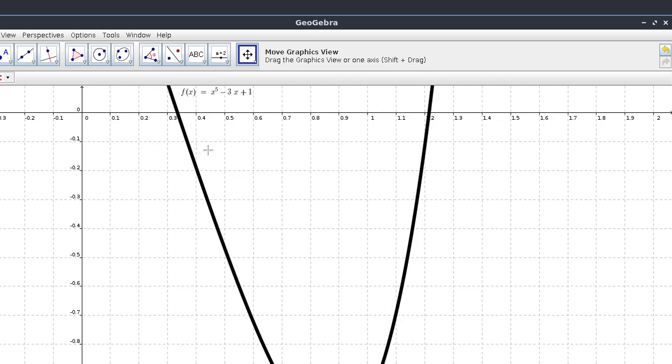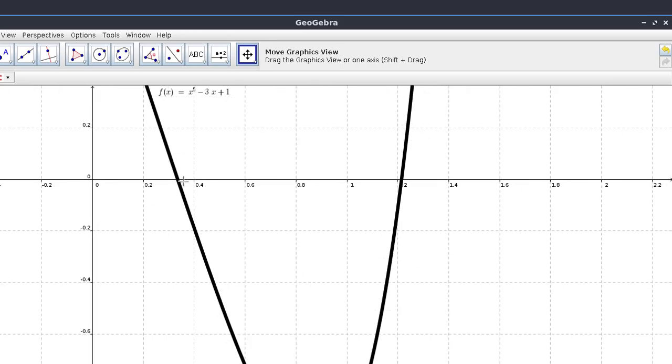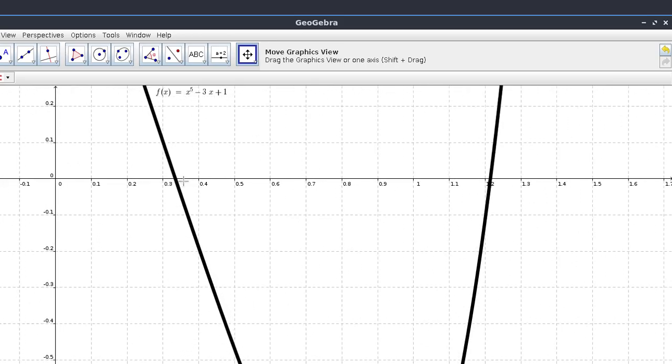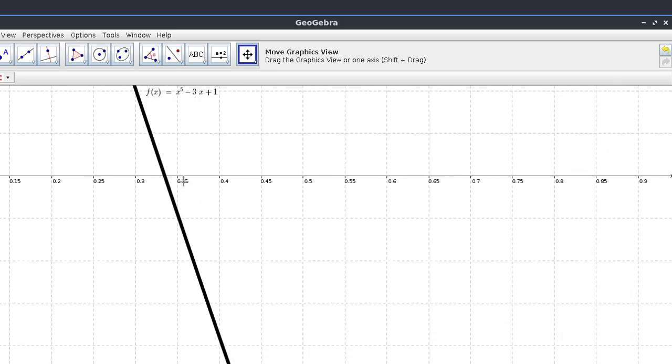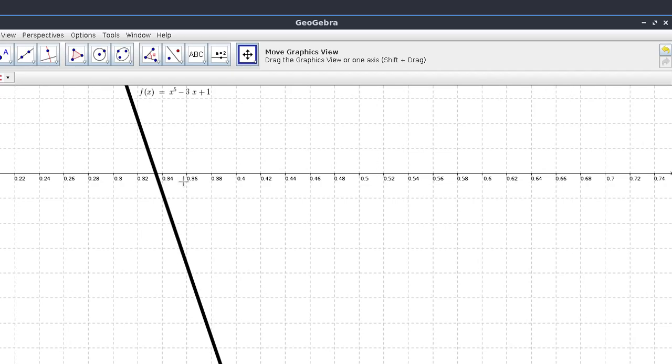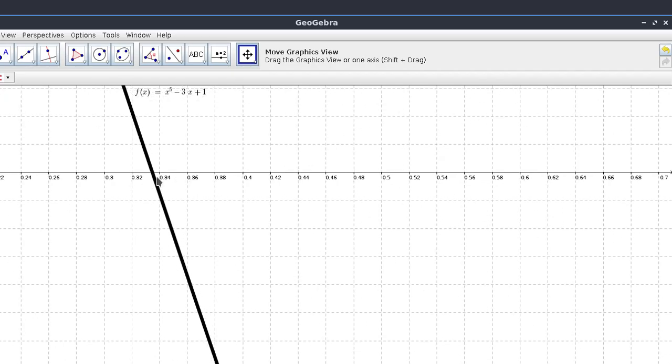But anyway, what we want to do is use 0.4. There is a root somewhere here. Based on the graph, when I zoom in, I estimate that that root is between 0.2 and 0.4.